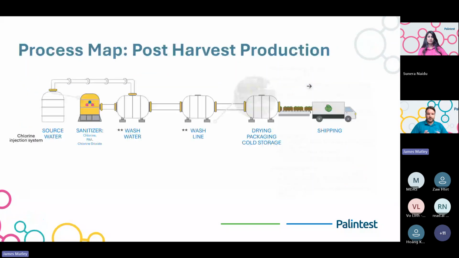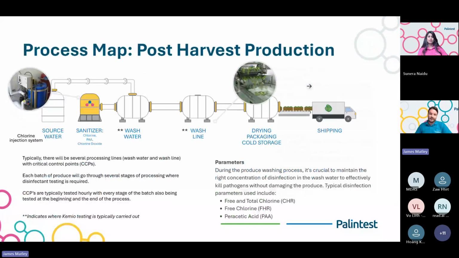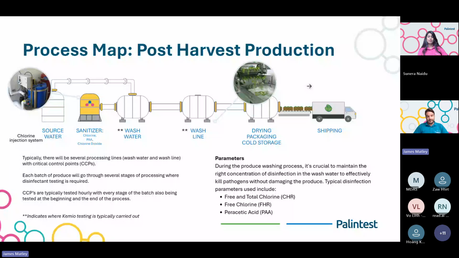So we'll briefly cover some of the processes that we are part of. So firstly, post-harvest production. So this can be salad, fruits, etc. Critical control points are where you need to understand are important for each client because these will vary from customer to customer. So some will monitor at the wash water stage or the bathing stage where you clean your product.